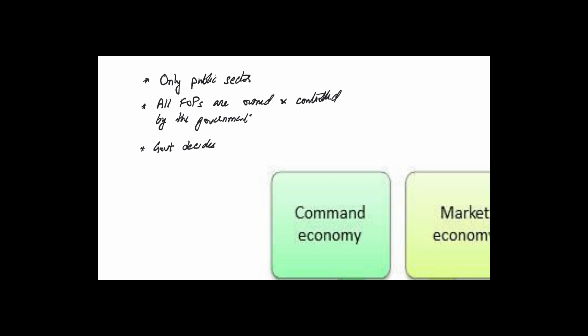Government decides what to produce and how to produce. Usually, their objective, the aim is social welfare for the people, for the collective objective, meaning they have to work looking at the majority of people, make goods looking at the majority of people. As we saw in that, it was all brown shoes, right? They were all brown shoes and nothing fancy because they wanted to make sure that everyone can get shoes.